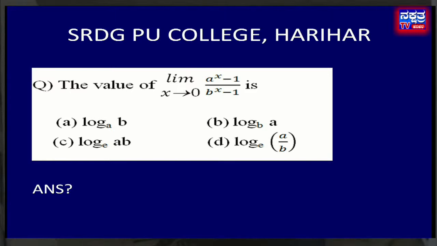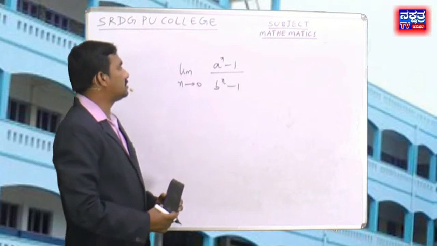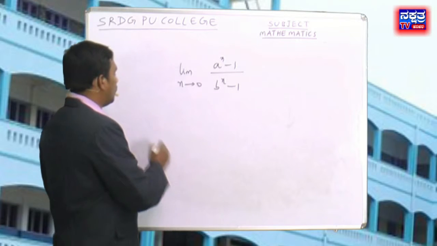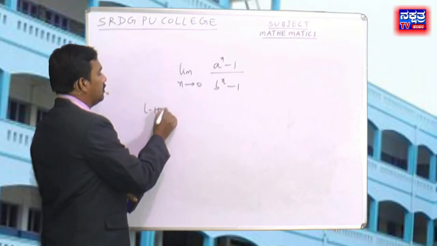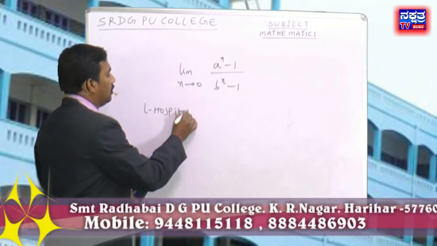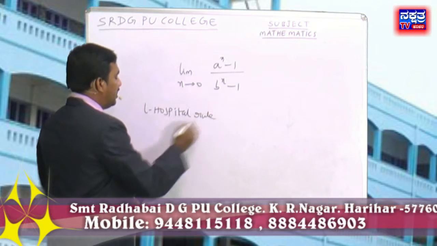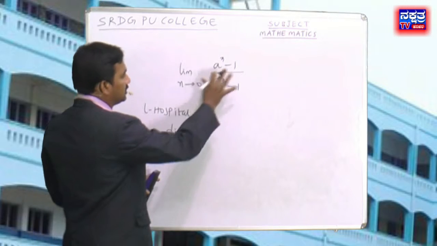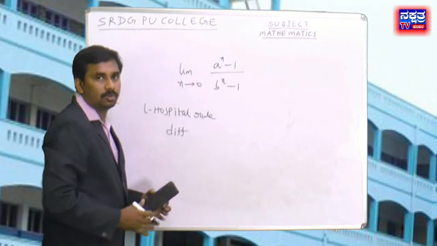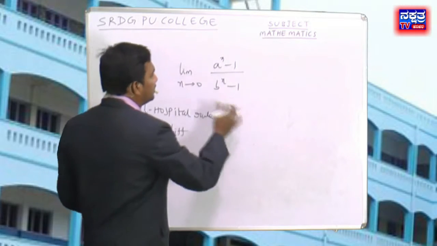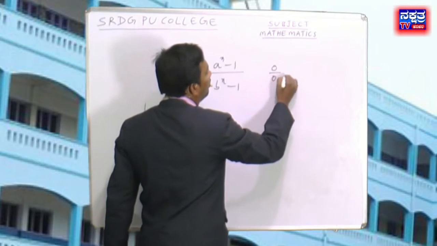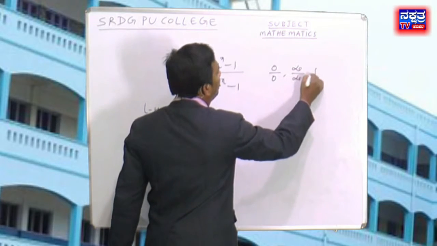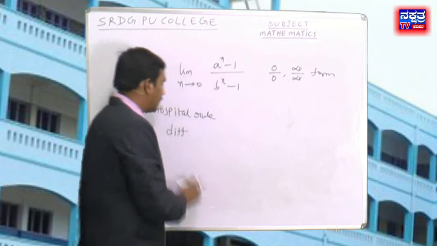Watch the board. Dear students, here one more important formula, the L'Hospital rule. The L'Hospital rule depends upon differentiation. If, when we apply x equal to a, the function is in 0 by 0 form or infinity by infinity form, then we can apply the L'Hospital rule.